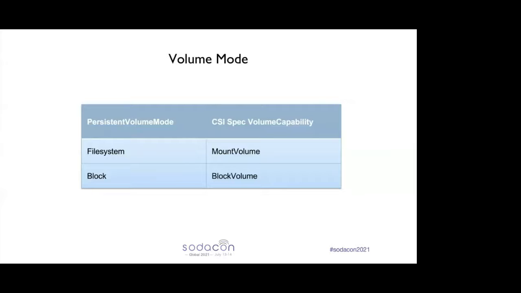Volume will be mounted using a specified file system and appear as a directory inside the container. The other mode is block. This means the volume will not be formatted with the file system and will remain a raw block device inside the container. This corresponds to block volume in CSI spec.